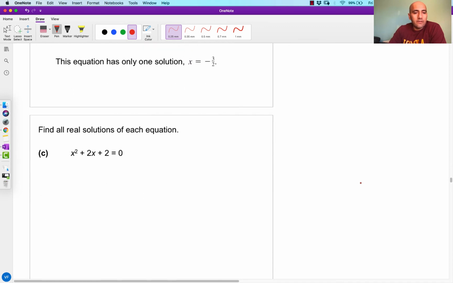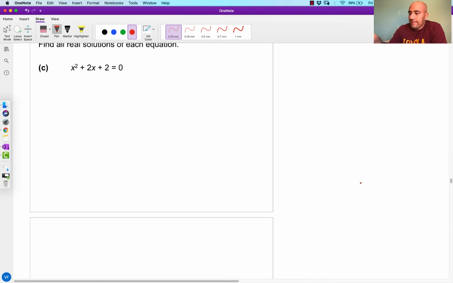And then finally, how about this one? Again, this fits that form ax squared plus bx plus c equals 0.